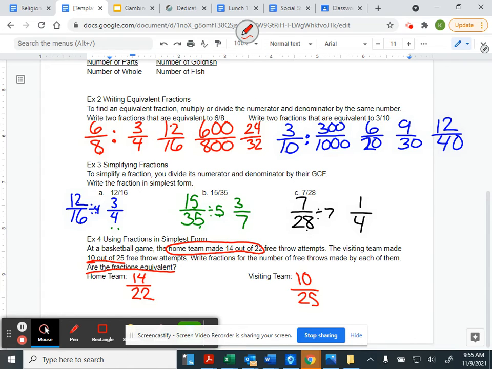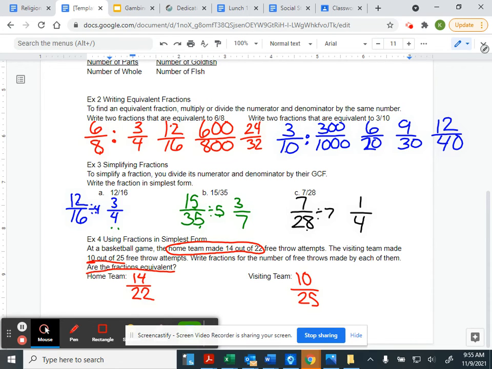We're not dividing them into each other. That's not going to be able to compare them. Simplify them to the simplest fraction you can get. Are they the same? If they're the same, are they equivalent? Yes. If they're not the same, are they equivalent? No.